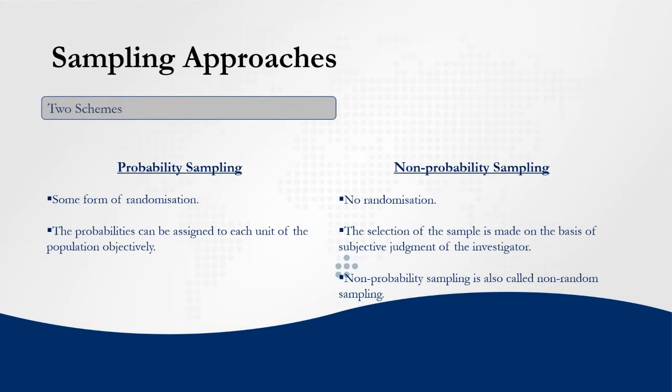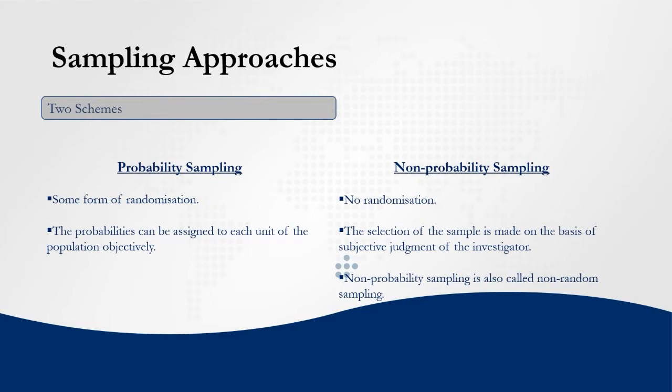With a non-probability scheme, on the other hand, there is no randomization. In essence, because we know the probability of inclusion, the probabilities are assigned to each unit objectively.